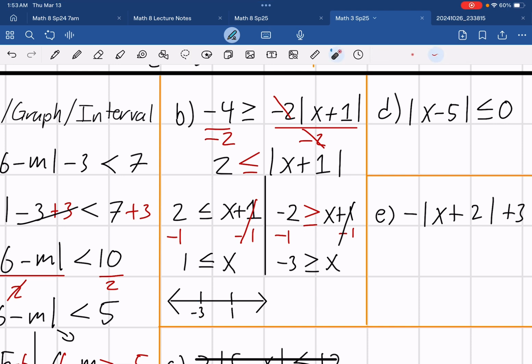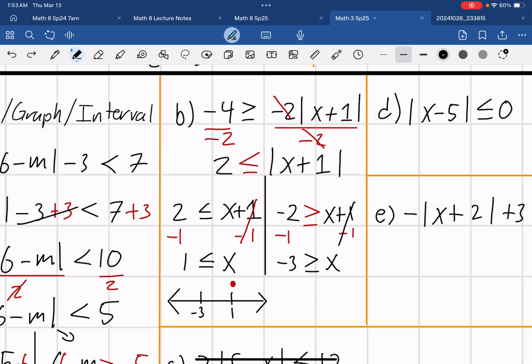Looking at these inequalities, the value of x cannot not only be bigger, but it can also be equal to 1. And because of that, I can have a closed circle. Similarly with -3. Because it can equal -3, I now have a closed circle.